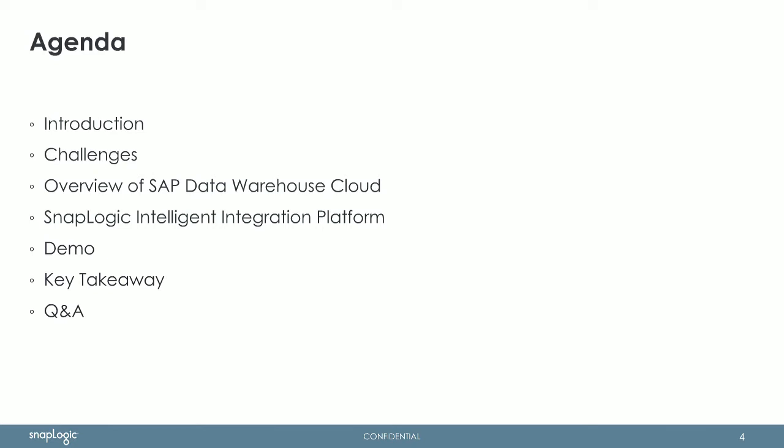Then Rich will give us a demo on how easy it is to get data from all these third-party applications and data sources into SAP Data Warehouse Cloud. And then finally, I will summarize and talk about some key takeaways. And at the end, we will share these helpful resources and also answer any questions that you might have.